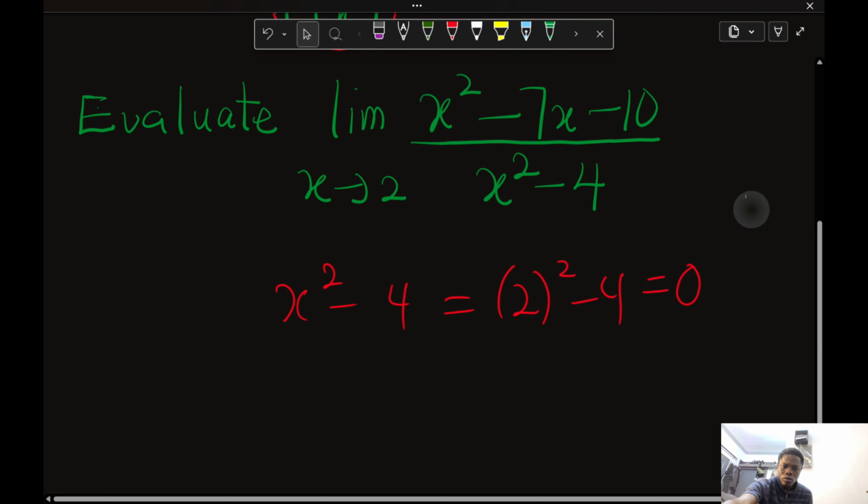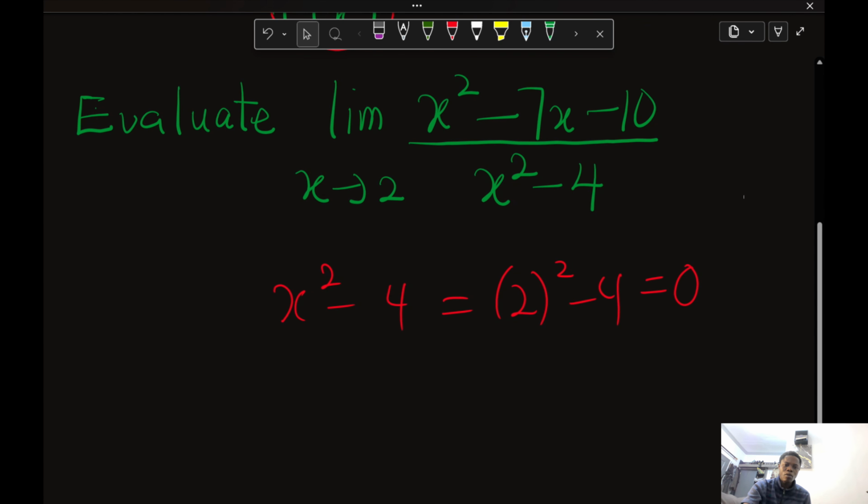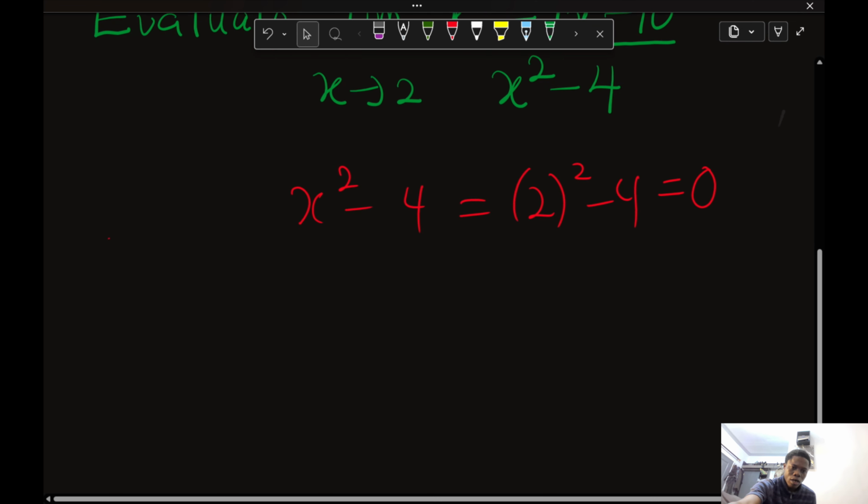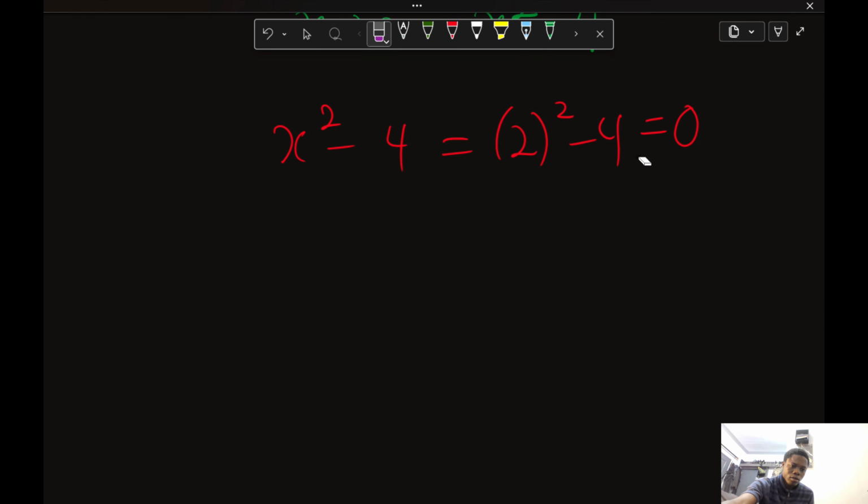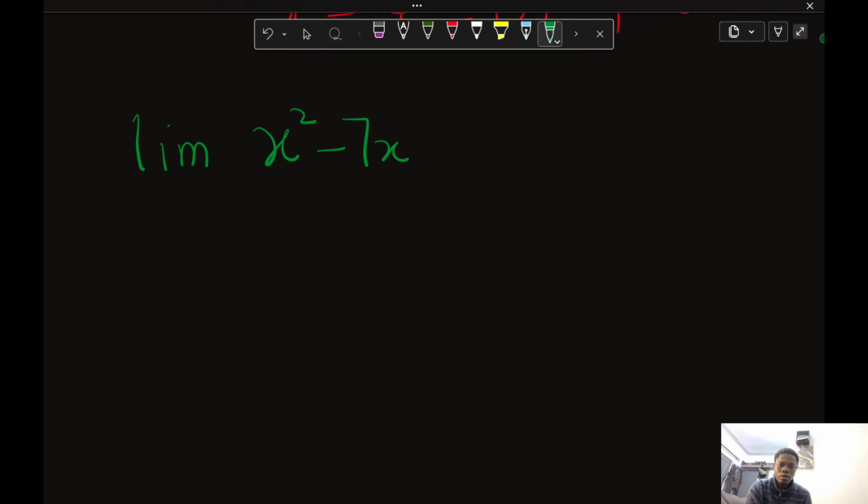So let's look at how best we can go about this question. Anytime you have it in this form, we have our limit of x squared minus 7x plus 10, all divided by x squared minus 4, as x approaches 2.